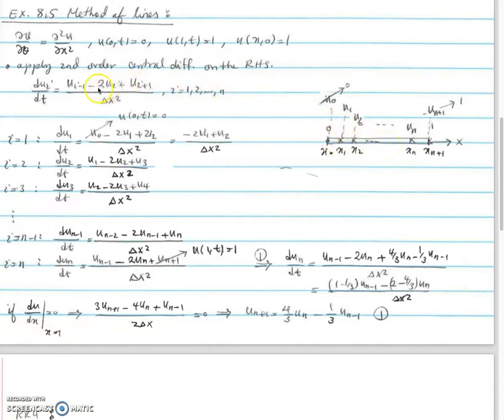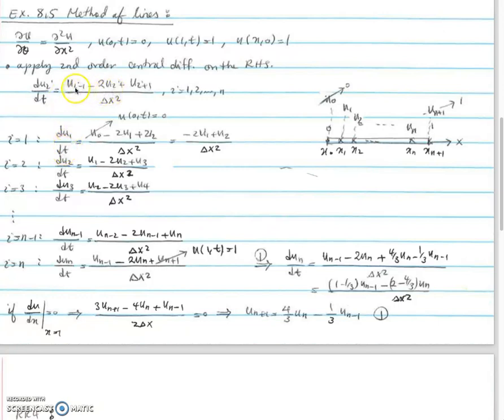We discretize the right side of the heat equation, and we didn't discretize the left side. So the left side still is d dt, but then this u is ui because we centered both sides at point i. Now, let's go ahead and plug in i equal 1. On the left side you get du1 dt.